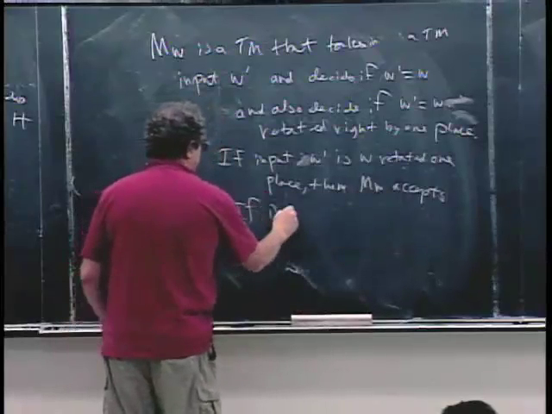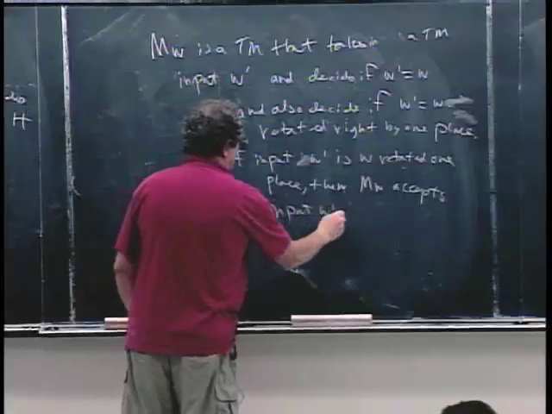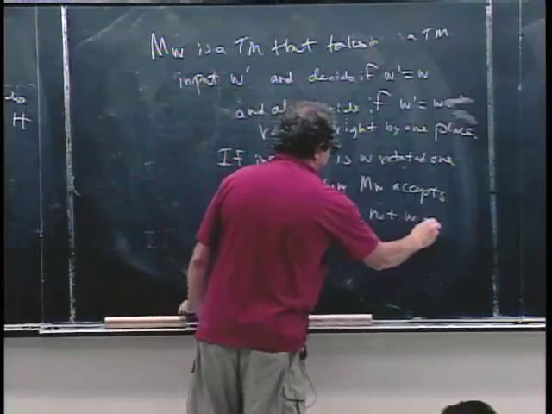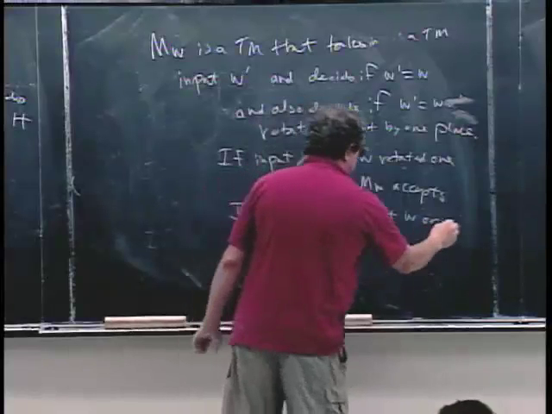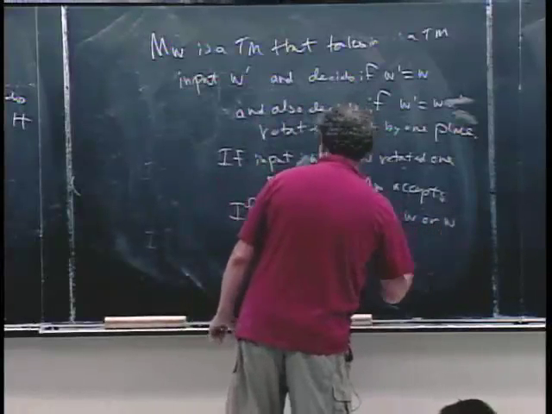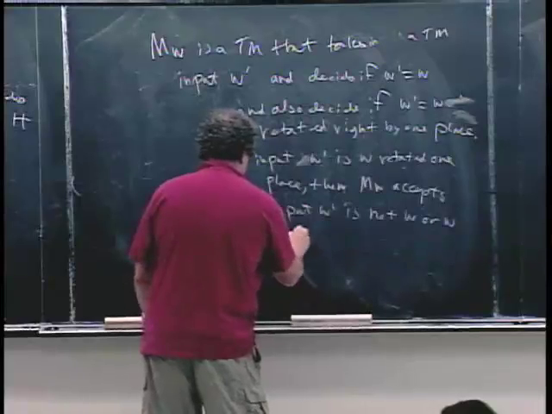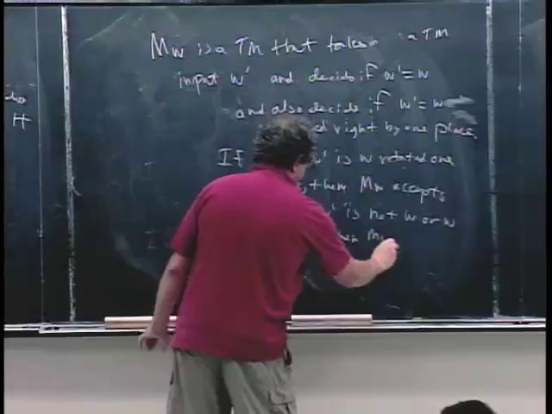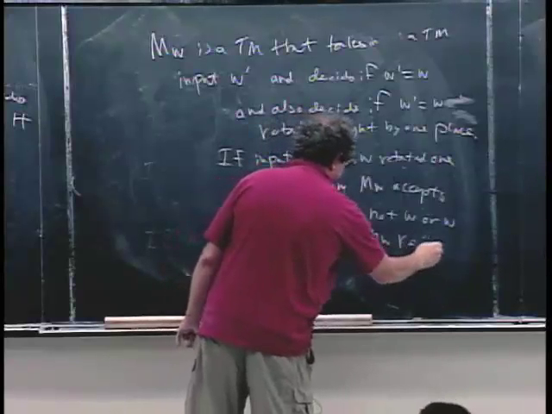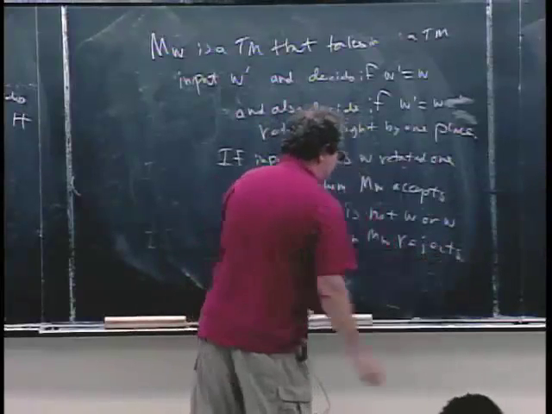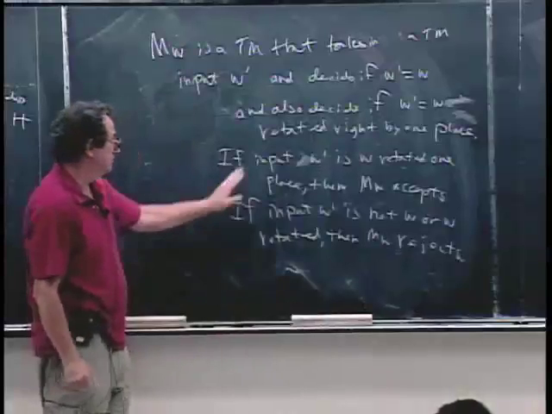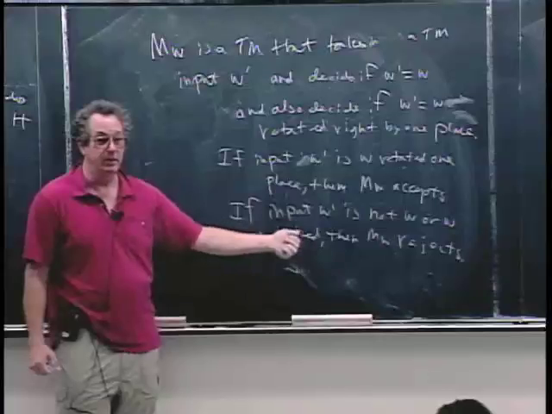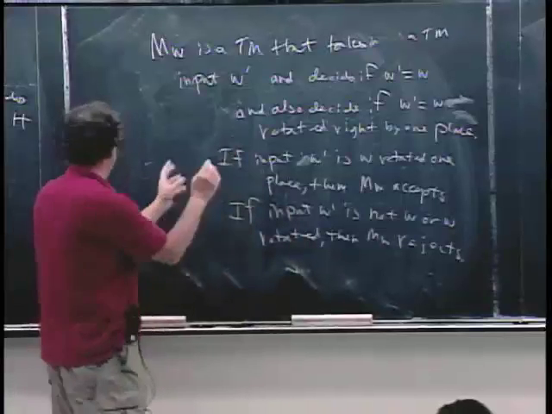If input W prime is not W or W rotated, then MW rejects. Okay? So those are the two things that MW does. Now, again, remember the context.